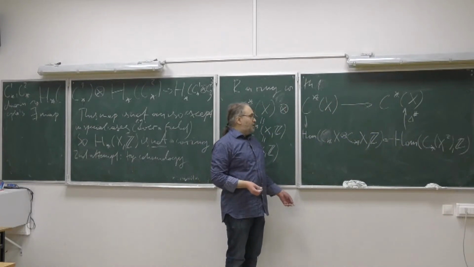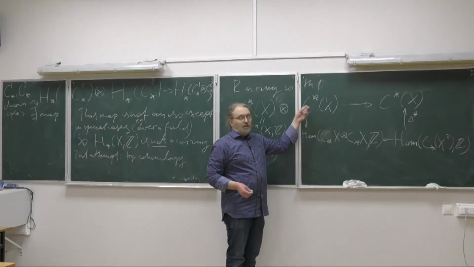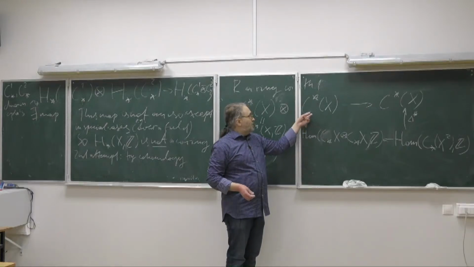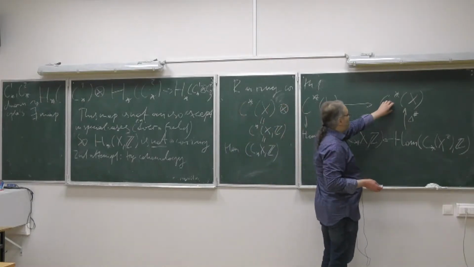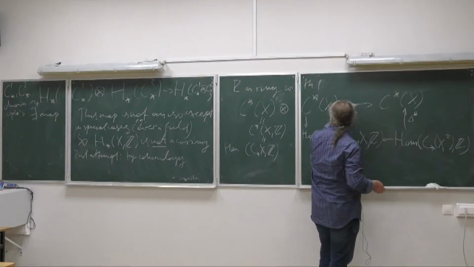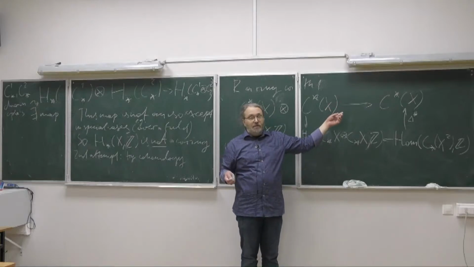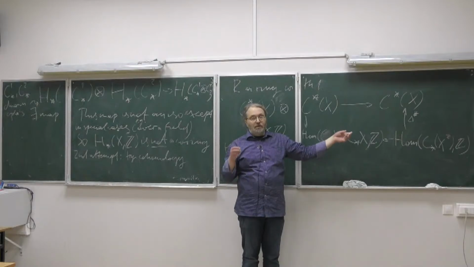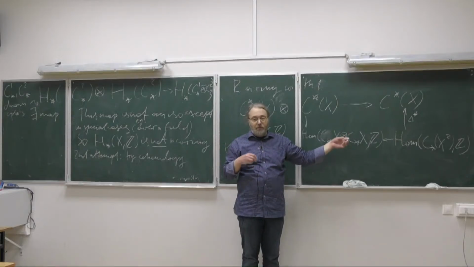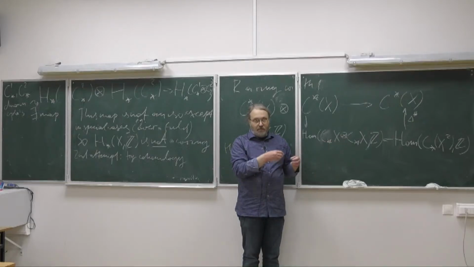First of all, in the chain case, I had a map from the chains of X to the chains of X tensor chains of X, just by identifying the chains on the square with the square of the chains, using some magical black box.